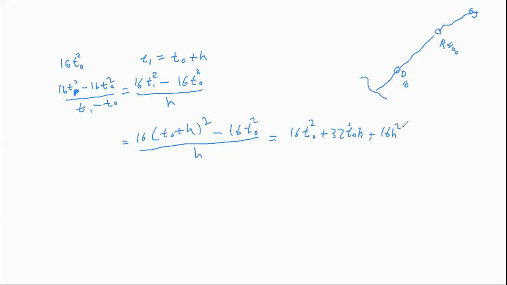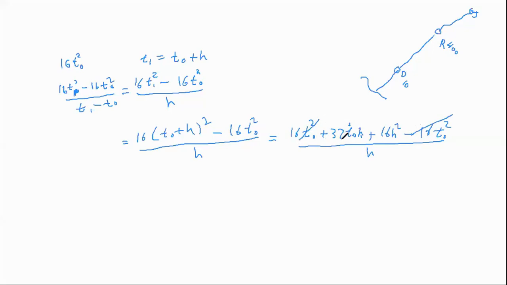Everybody see that? And then minus 16 t0 squared, correct? And this is divided by h. We can cancel the 16 t0 squared with this one, correct?